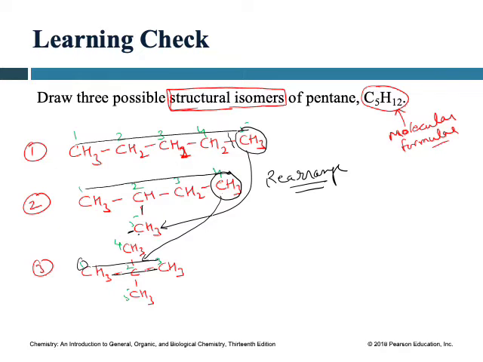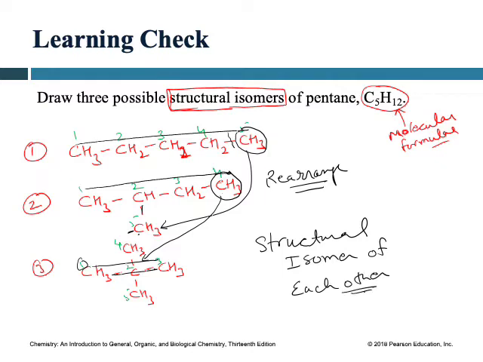So this is how all these three are structural isomers of each other, even though they have the same molecular formula C5H12. You have 5 carbons and 12 hydrogens, but structurally they are different.